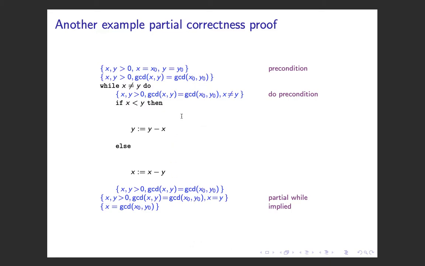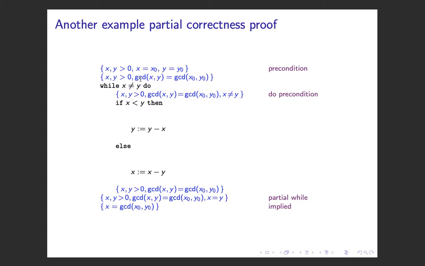And so here we see the main thing that we want to show is preserved is that as the variables x and y vary during the while loop, so x and y are going to change, although those values of x and y are going to change, the greatest common divisor of x and y is always going to remain invariant. It's always going to be the same, and that's going to be the same as the greatest common divisor of x0 and y0 at the start.